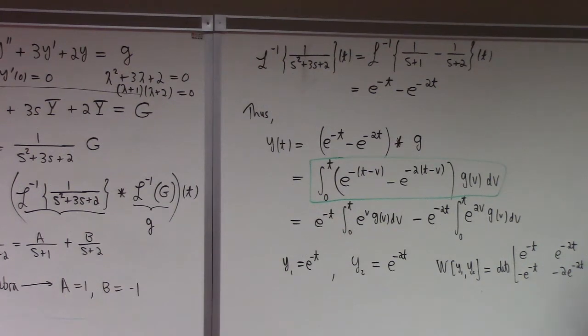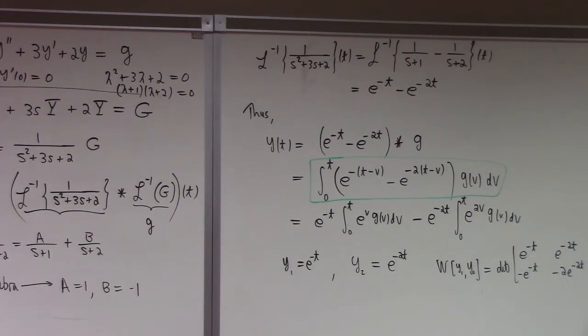So when we calculate v1, the integral of, what is it? It's minus y2 g over the Wronskian, right? That would be the integral of minus e to the minus 2t g over minus e to the minus 3t dt, AKA the integral of e to the t g dt.